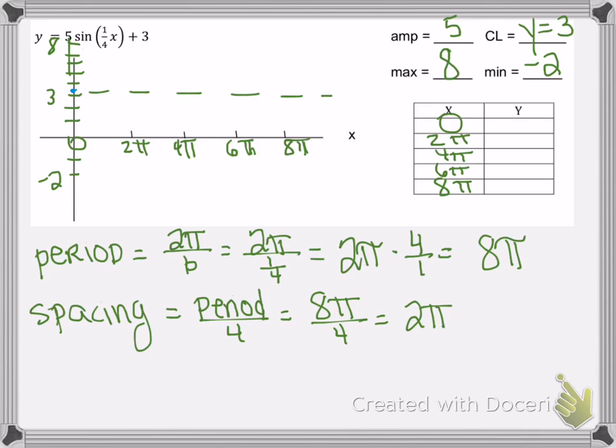Sine curves start on your center line, go up to your max, center line, down to your min, back to your center line. 3, 8, 3, -2, and 3.